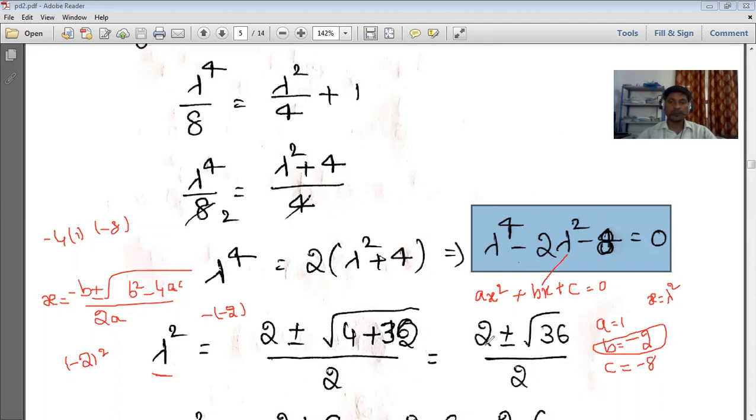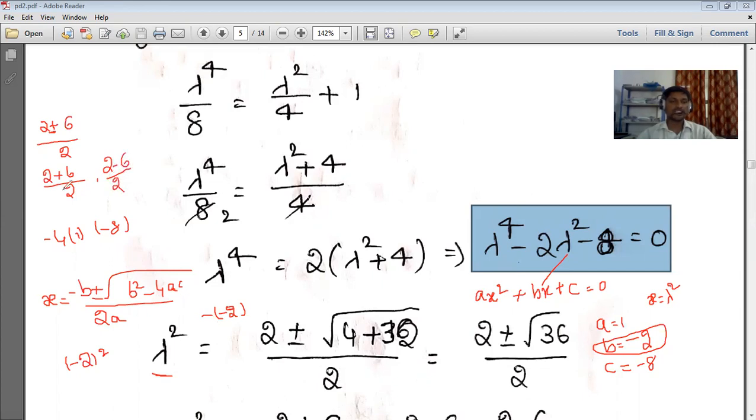So 32 plus 4 is 36 by 2. So we get 2 plus or minus square root of 36, which is 6, by 2. You can split this: one is 2 plus 6 by 2, another is 2 minus 6 by 2.